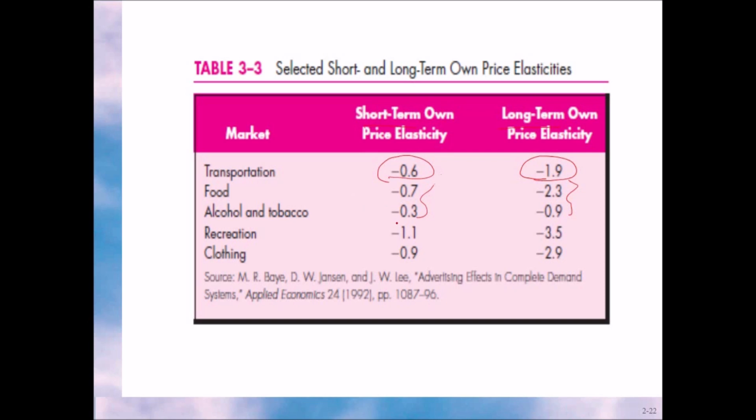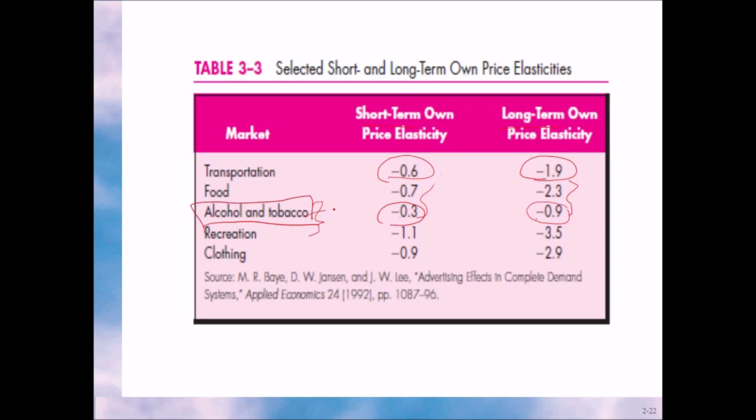If we compare alcohol and tobacco, even though the long term is more elastic, both are still inelastic, because one is 0.3 and the other is also less than 1, meaning that in the short term and long term the demand is still inelastic. You can guess the reason.